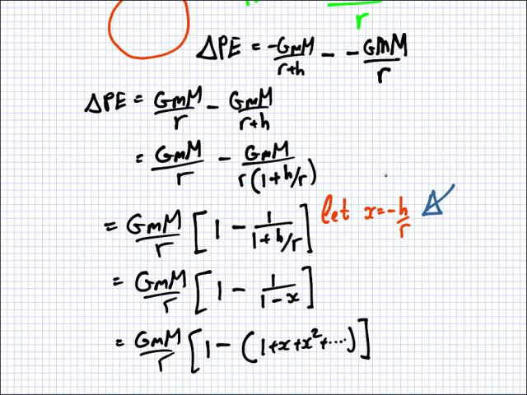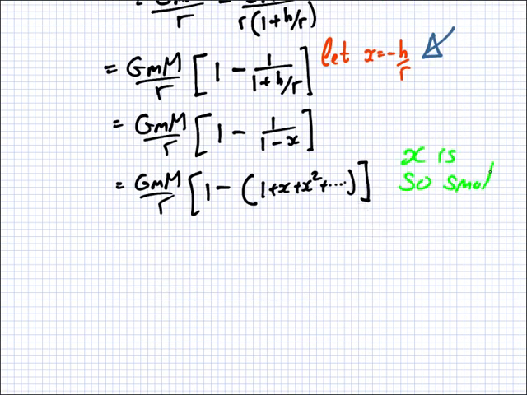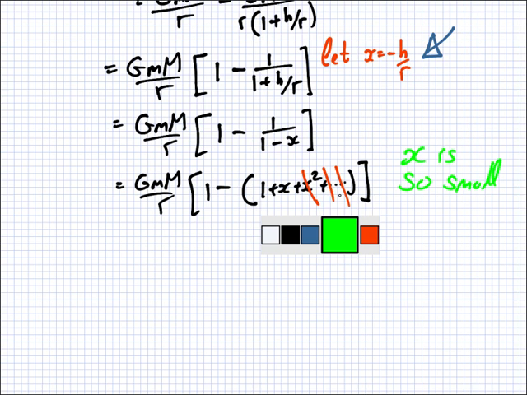That's a tiny number. What happens if you square it? Does it get bigger or smaller? It gets smaller. And if you cube it, it gets smaller again. So because the x is so small, when you square it and cube it and so on, you can ignore its value because it's so small.